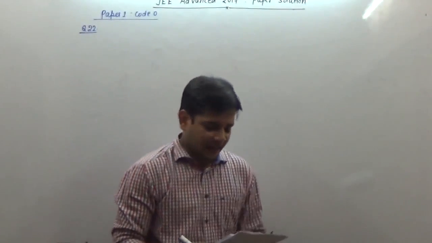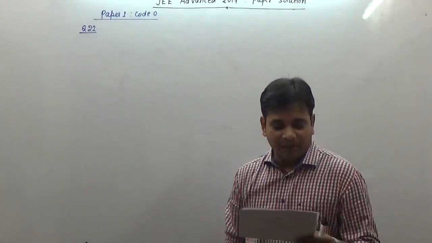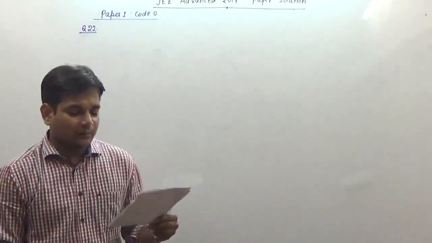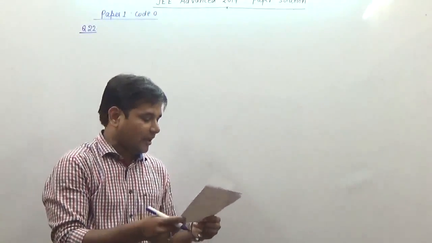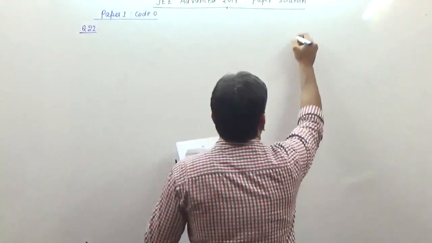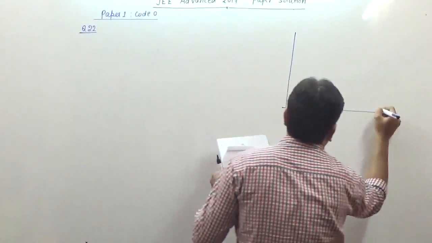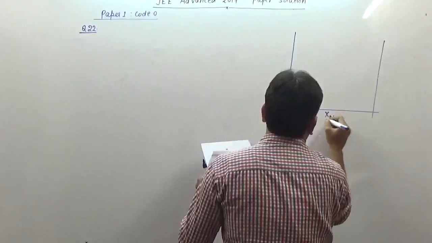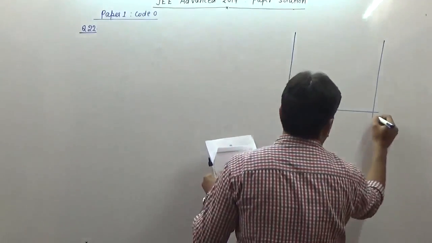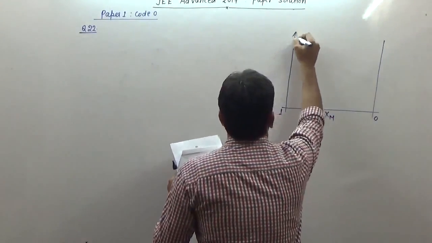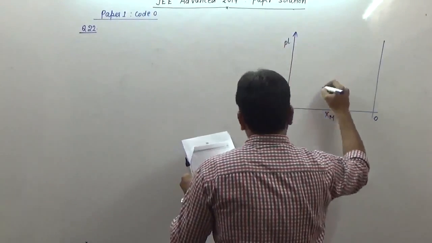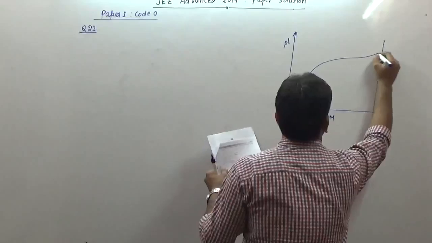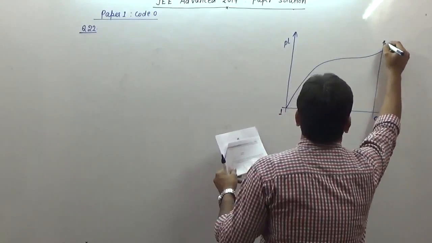The question is saying that for a solution formed by mixing liquids L and M, the vapor pressure of L is plotted against the mole fraction of M as shown in the figure. We have been given vapor pressure of L against mole fraction of M. Mole fraction of M is 1 here, 0 here, and this is the vapor pressure of L. This is the curve here.